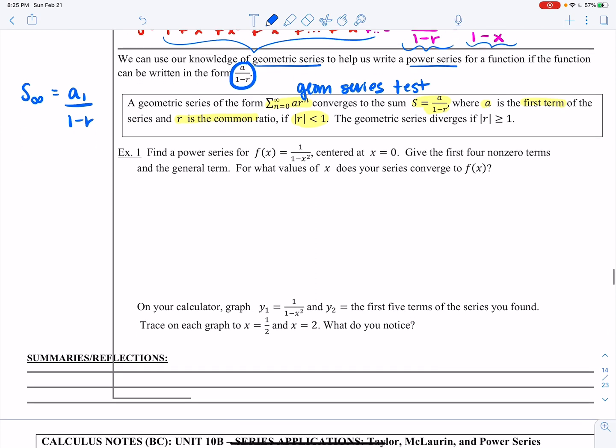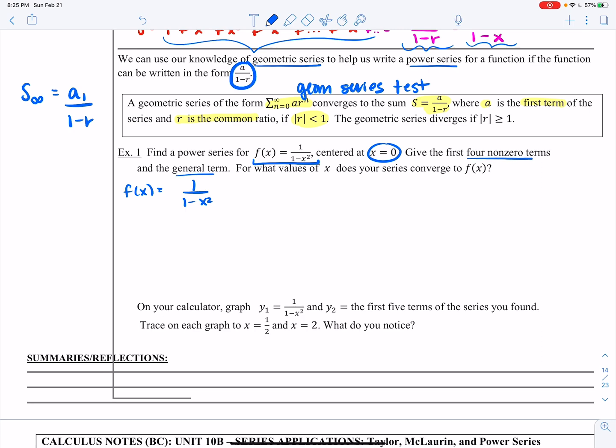So what will a problem like this look like? All right. I want to find a power series for 1 over 1 minus x squared. So that's our function. f of x is 1 over 1 minus x squared, and I want it centered at 0. Give the first 4 non-zero terms and the general term.